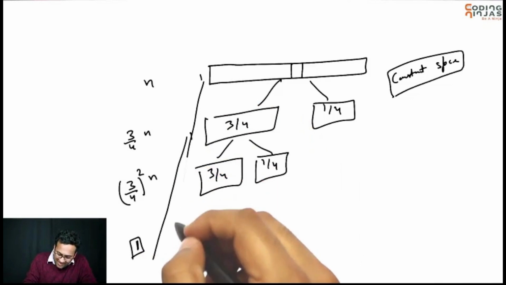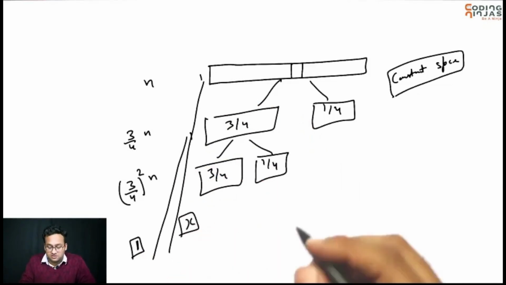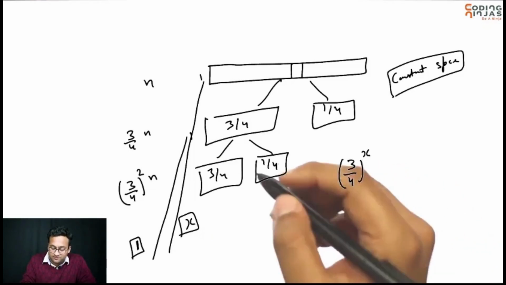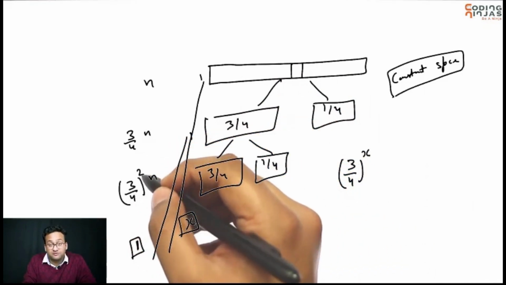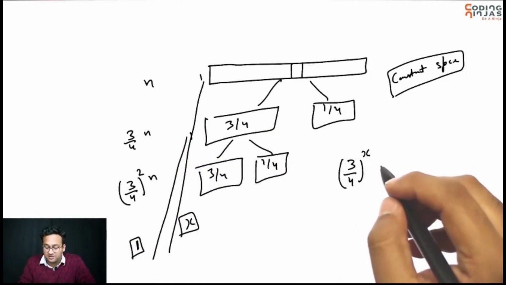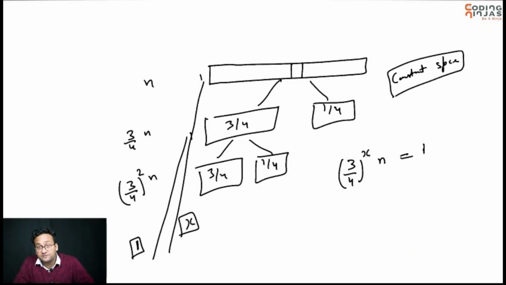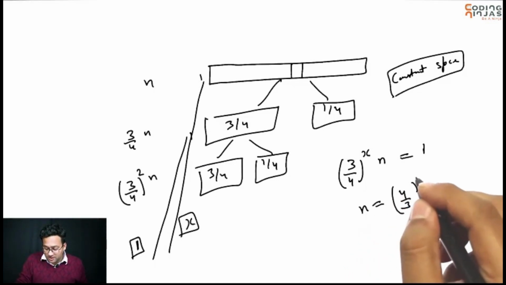So if you have x functions, that basically means, exactly the same logic as we have discussed earlier: after one level it becomes 3/4 n, after two levels it becomes (3/4)^2 n, after x levels it will become (3/4)^x n, and that has to be equal to 1. So this basically means n is equal to (4/3)^x.